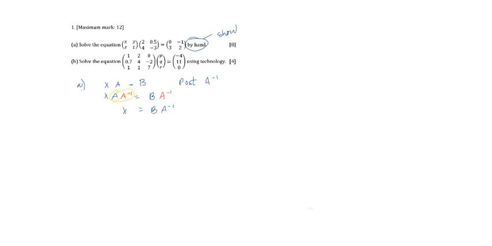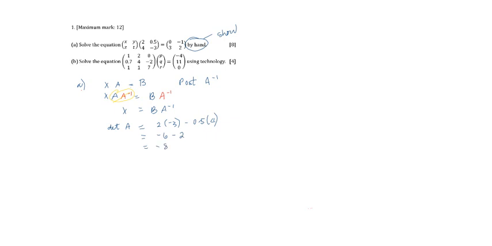So to get the inverse of A, first we get the determinant of A, which is equal to 2 times negative 3 minus 0.5 times 4. This is equal to negative 6, minus 2, that's equal to negative 8.